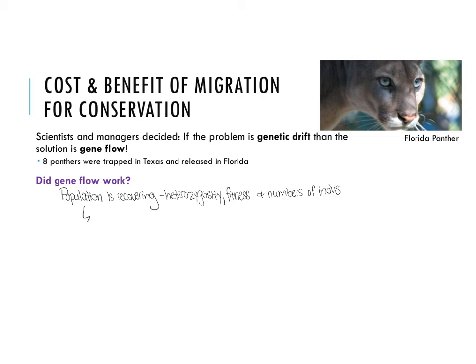This is where it gets complicated. 8 migrants was greater than the effective population size of the entire Florida Panther population.